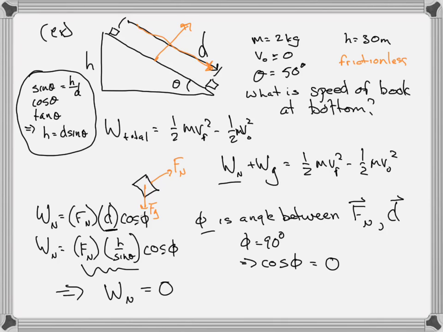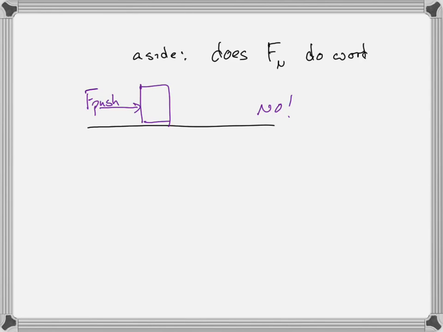A real quick aside: does the normal force ever do work? If you're sliding a box across the floor, the normal force doesn't do work because it's not moving the body. But does the normal force ever do work? Indeed it can, though not in the case where you're pushing something across a floor. The normal force does work when the body moves in the direction of the force.